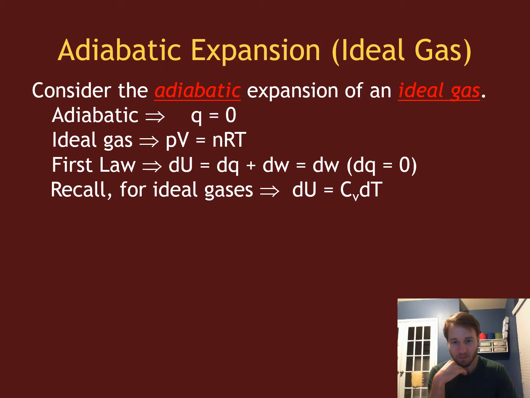Now, if we recall, we also showed that a small change in internal energy is related to the heat capacity at constant volume times a small change in temperature. We talked about this with constant volume calorimetry and showed this to be true.